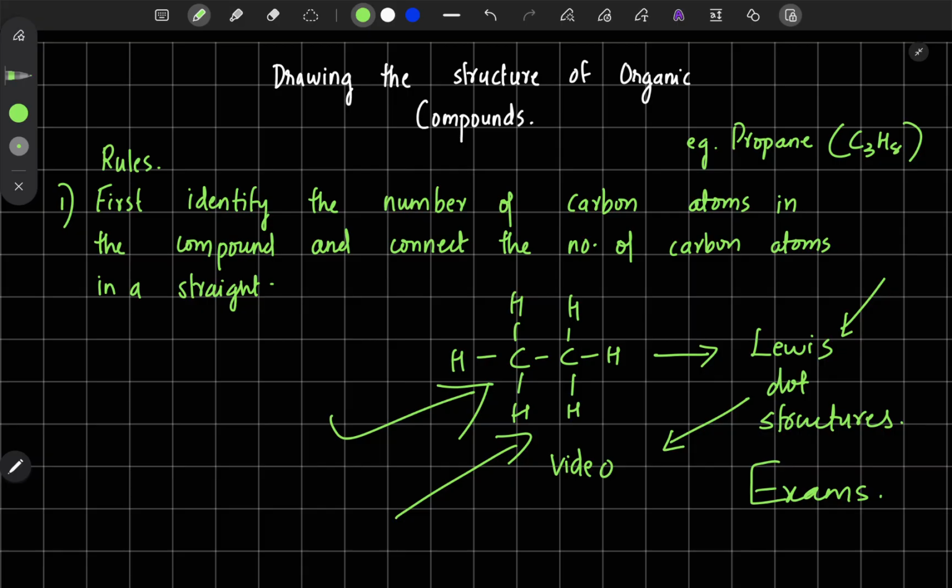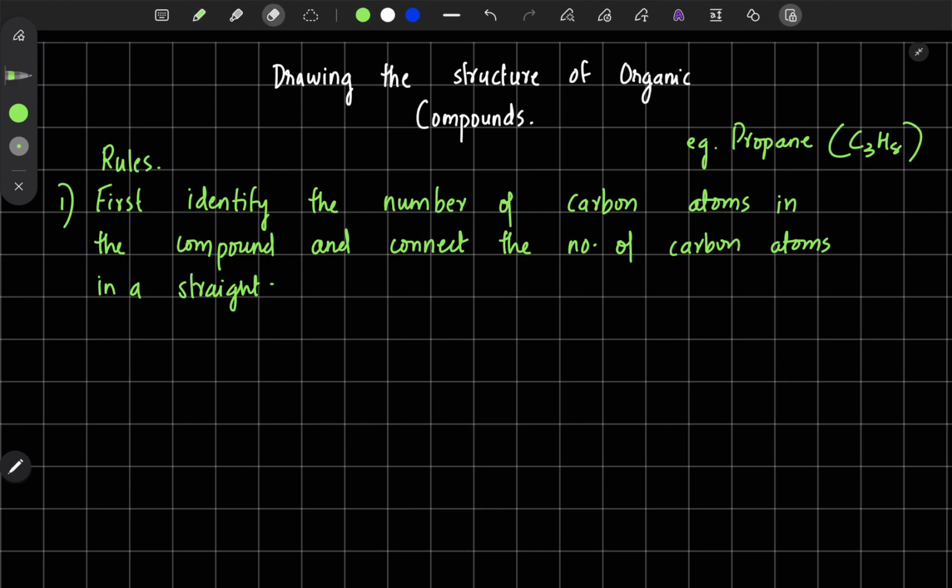For that the first rule is identify the number of carbon atoms in a compound and connect them in a straight chain. Let me do one example. Imagine my compound is ethane. I need to identify what eth refers to.